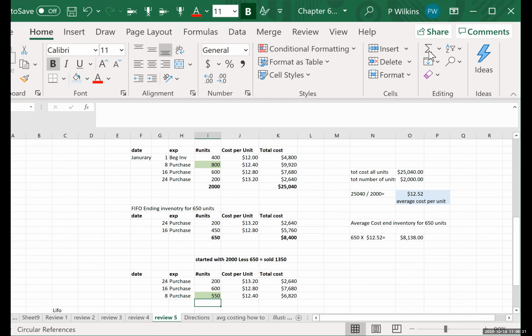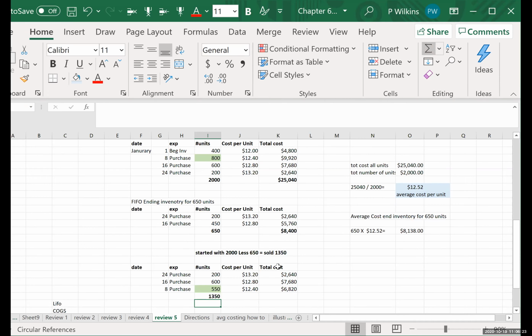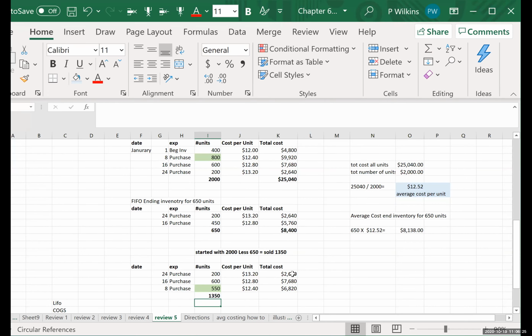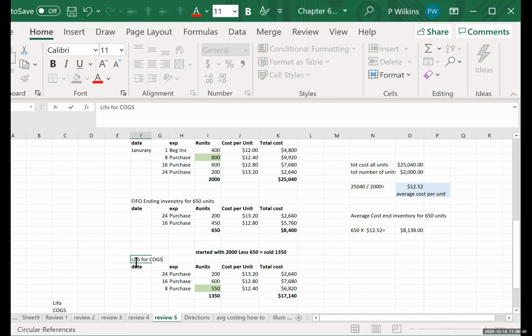So if we total up our total number of units, we got to our 1,350. And now we are going to total up the total cost, and it is $17,140. Okay. So this is LIFO for cost of goods sold.